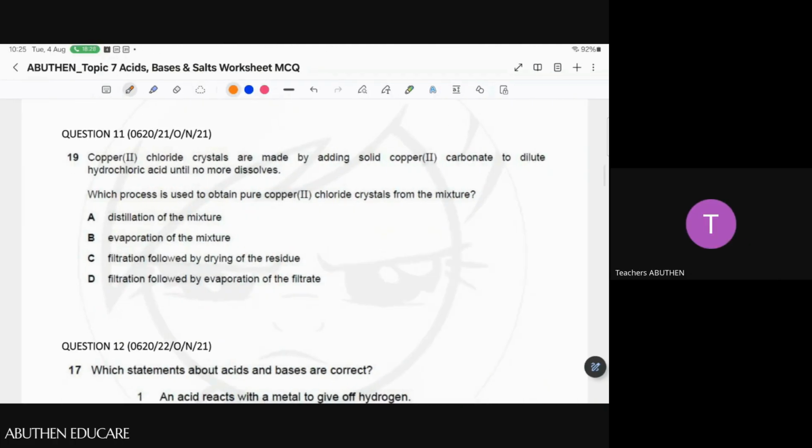Number 4. Let's have a look at this. This is basically a soluble salt. We have 4 methods, right? This one we are using acid plus metal carbonate. Acid plus metal carbonate will give us salt and water, of course.